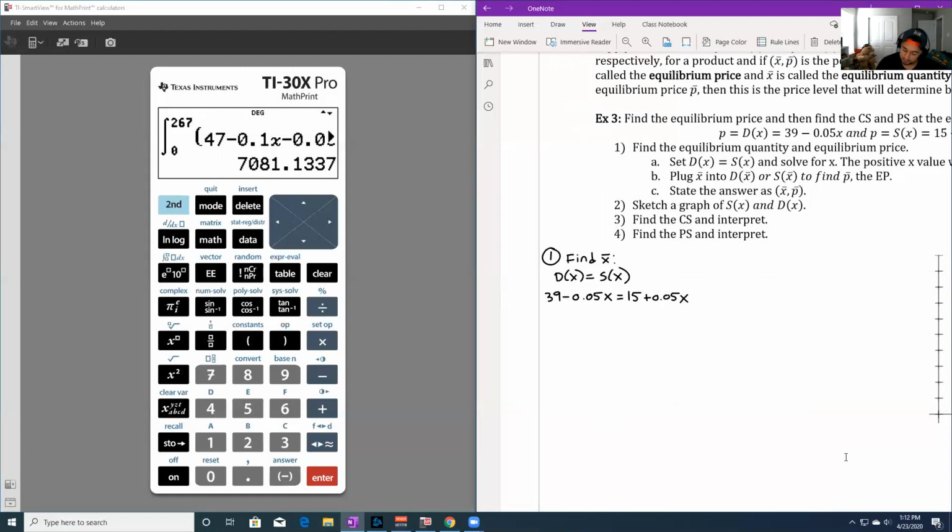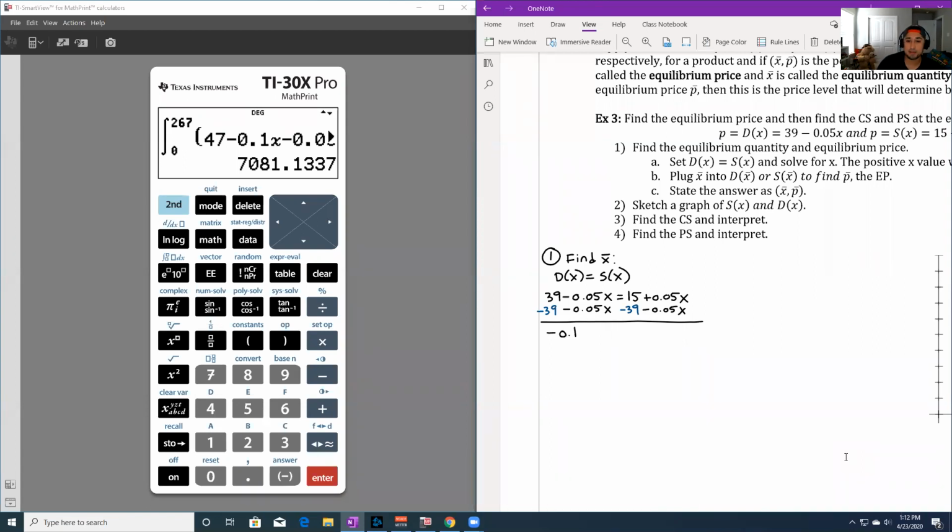So say minus 0.05x minus 0.05x, and then same move, I'll say minus 39 minus 39. We'll get negative 0.10x, right?